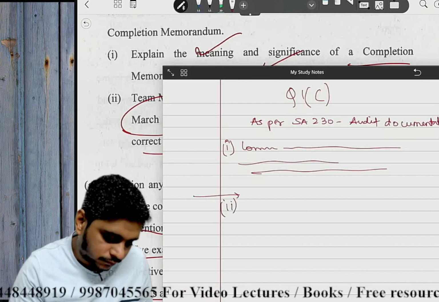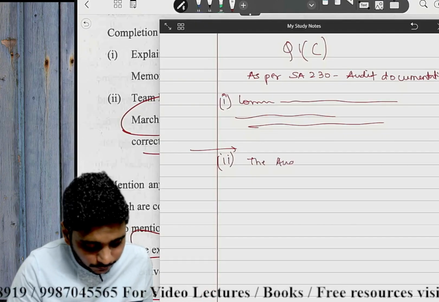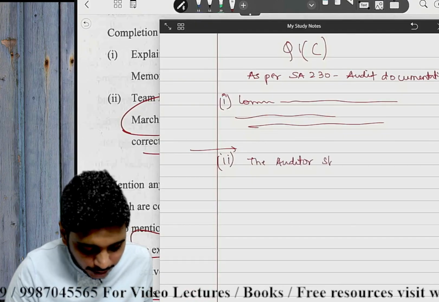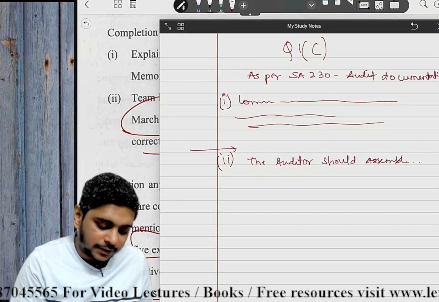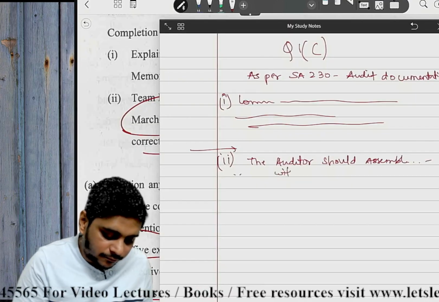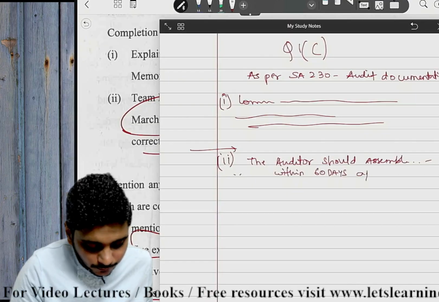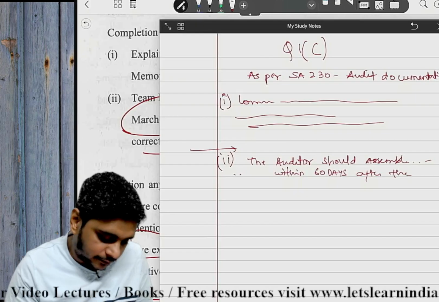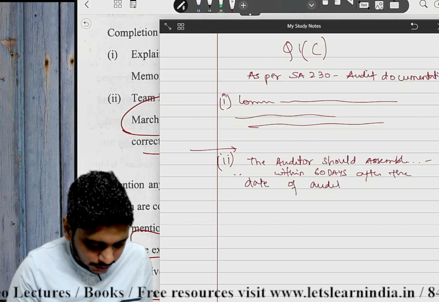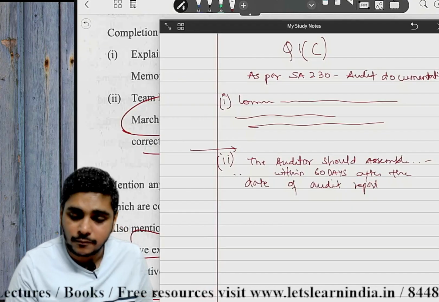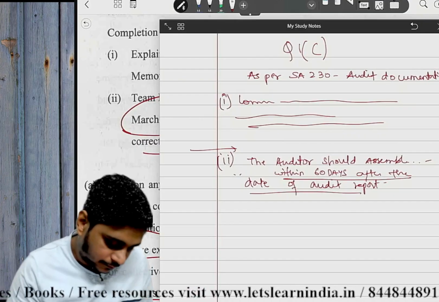Number 2: the auditor should assemble the final audit file within 60 days after the date of audit report. Correct? I will underline this. This is the main theory.